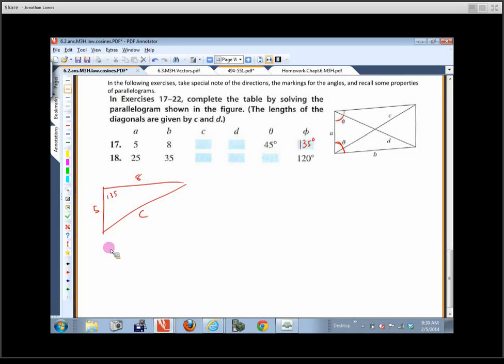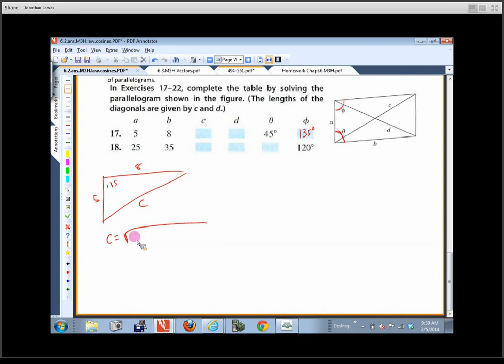So I'm going to do it this way. C is equal to the big square root of 5 squared plus 8 squared minus 2 times 5 times 8 times the cosine of 135. That'll tell me what C is.